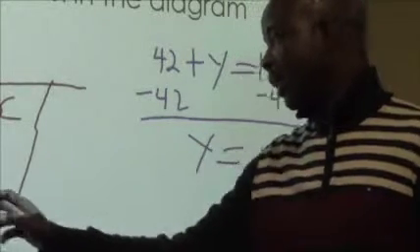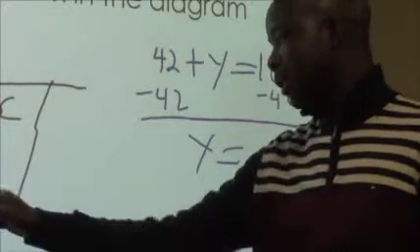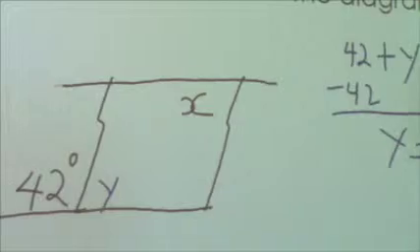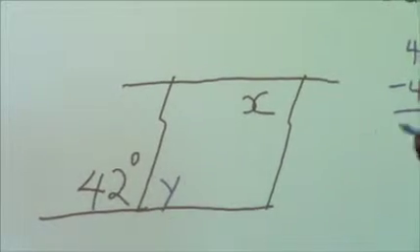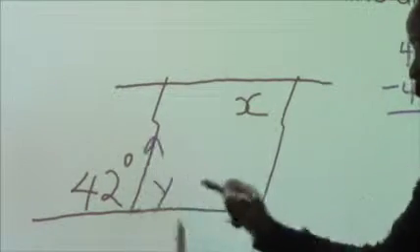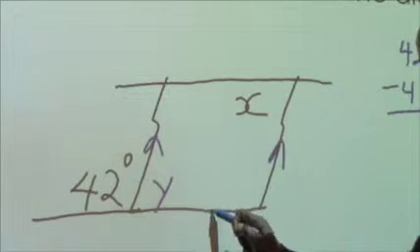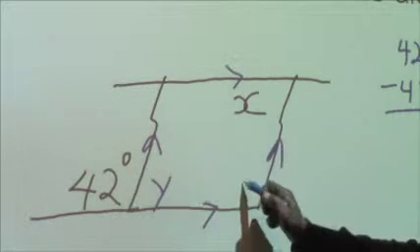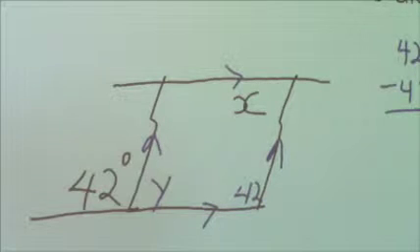These two angles over here must be supplementary. Besides, one of the things we want to show here is that these two lines are parallel. So also we can say that if this is 42, this corresponds to that. That's going to be 42.